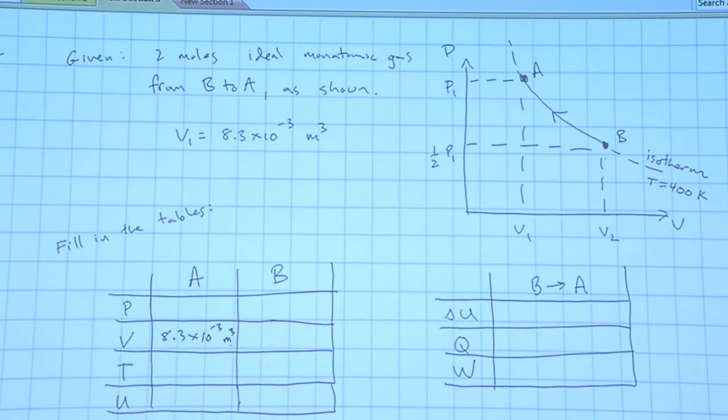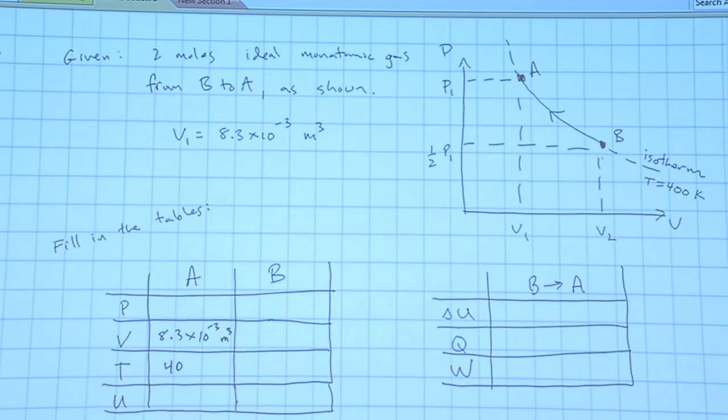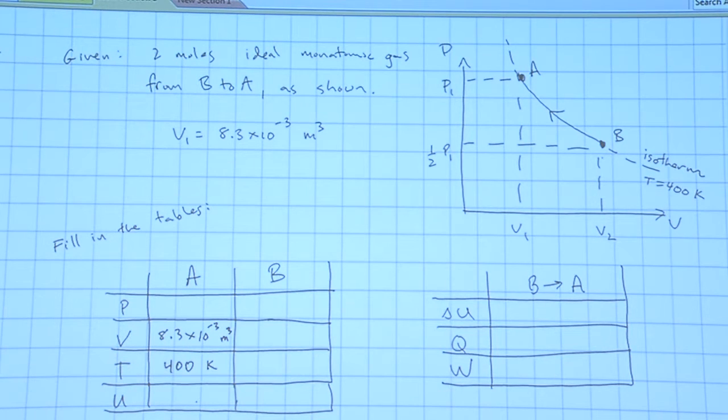And the temperature, 400 K, make sure it's in Kelvin. And one thing we can also do is jump to state B, because we know that both A and B lie in the same isotherm. So I'm going to fill in the temperature for B. All right, so I know 2 things here, volume and temperature.